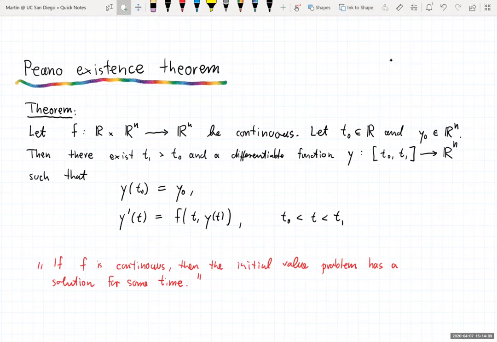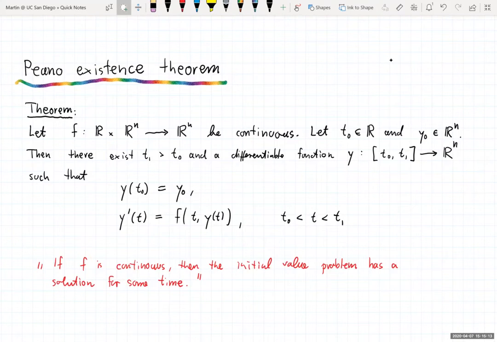So there exists some time t1, and the function y is defined for any time between t0 and t1. And to put it more loosely, if f is continuous, then the initial value problem has a solution, at least for some time.